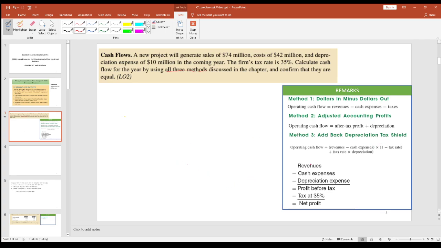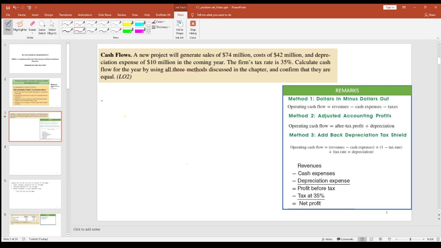And another remark: we use a very simplified income statement. We should remember this all the time in this problem set. So let's start with the income statement here.